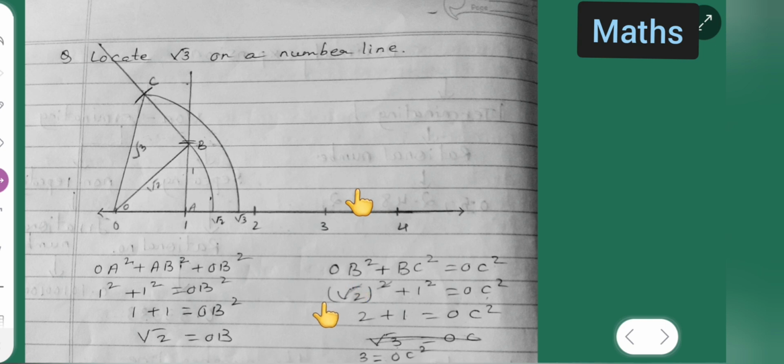Now OB squared is what? The square and the square root are going to get cancelled. What is going to remain is 2, plus 1 square which is 1, is equal to OC square.